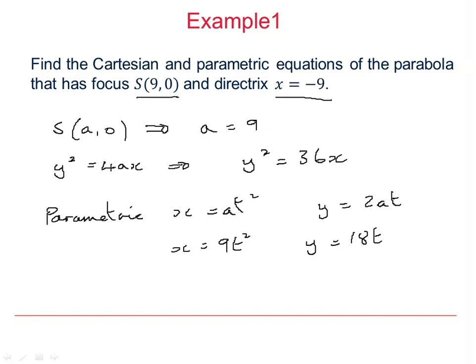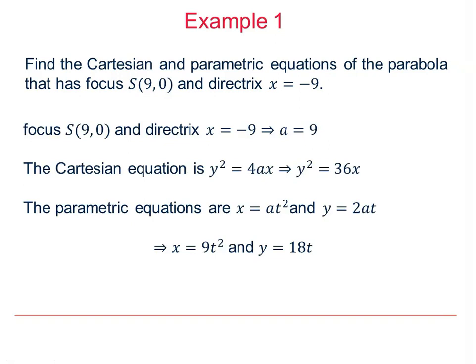So straightforward use of those properties. And remember again that you literally don't need to remember that the focus S is (a, 0) and that these are the parametric equations, because these are given to you on your formula sheet.